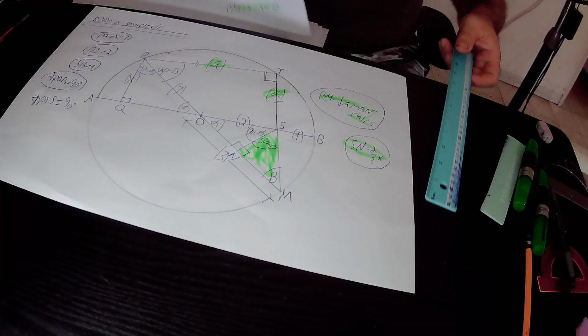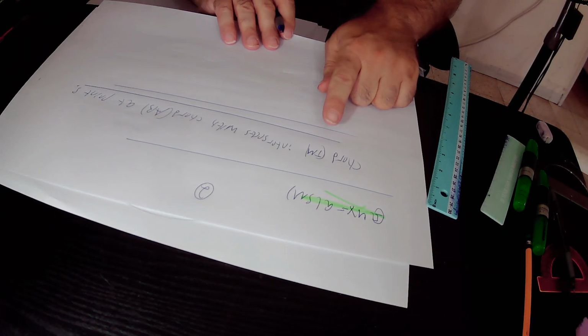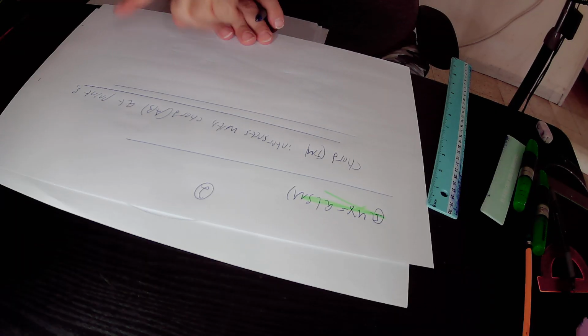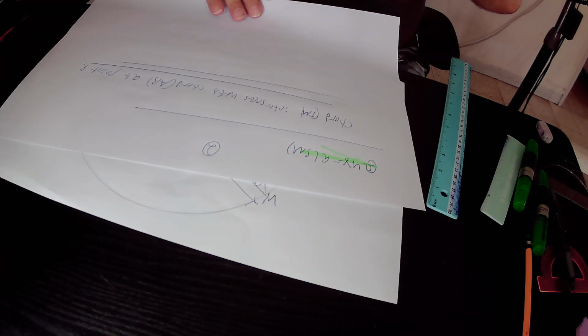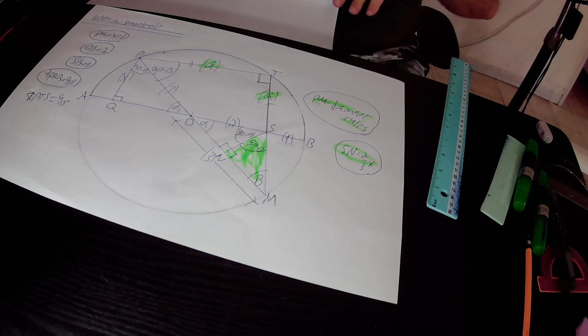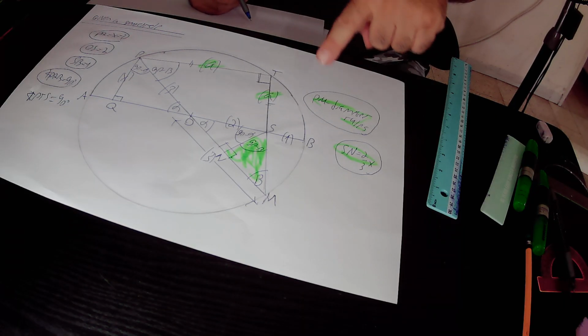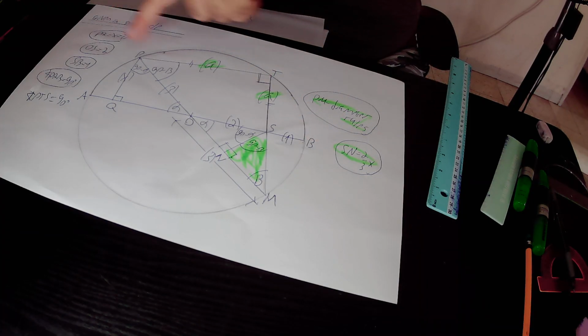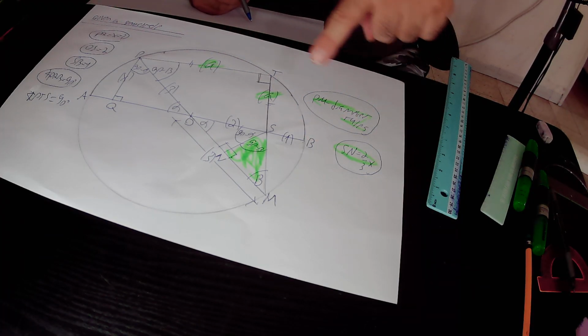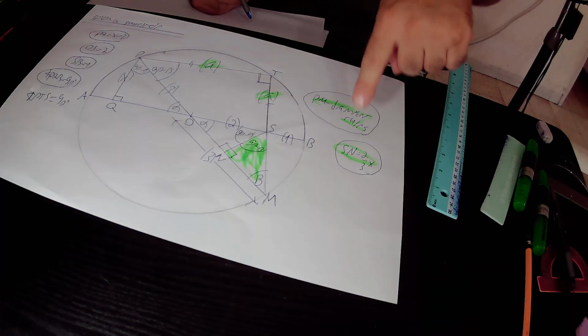And again, in our original drawing, chord TM intersects with chord AB at point S. So we can implement all 15. According to all 15, the following equation will be true, that TS times SM equals AS times SB.